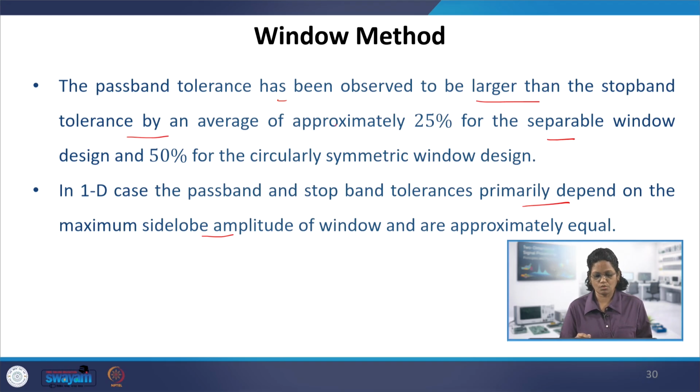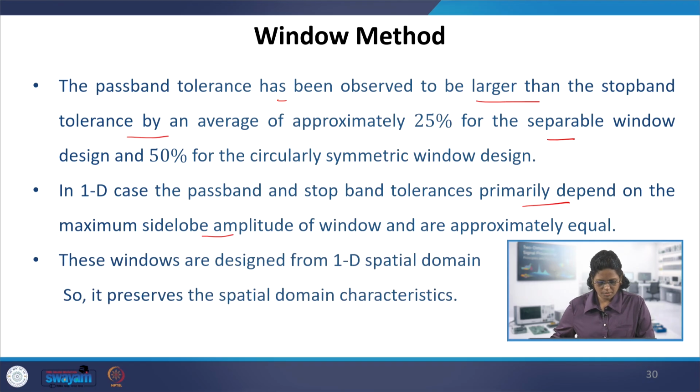Here this is not so in the case of 2D, and we can see this in the spatial domain in the windows. This design is 1D. It preserves the spatial domain characteristics because we can say the window function is considered in the spatial domain instead of the frequency domain.